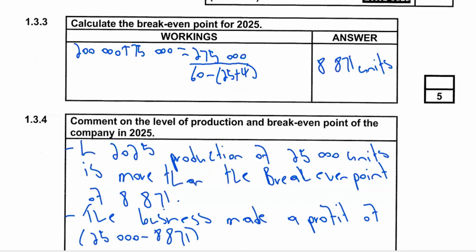Then we get 16,129. It means the business made a profit of 16,129 units. So now we have compared our break-even point with the number of units produced and sold.